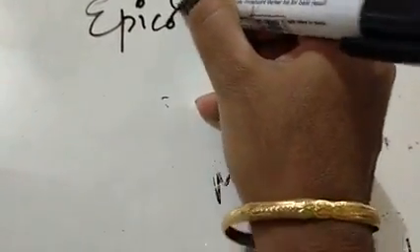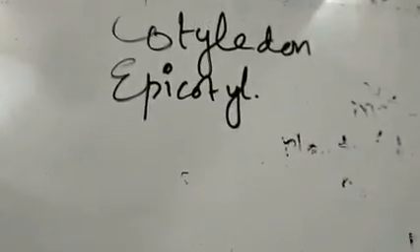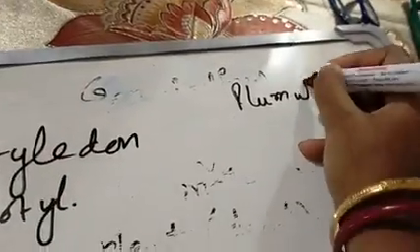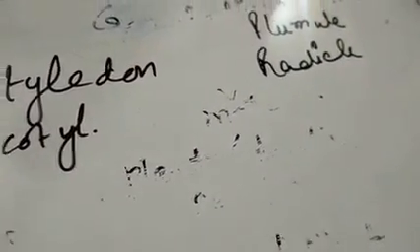Then is the epicotyl. Before dealing with the epicotyl, let's talk about two more parts, that is plumule and radicle. The plumule grows up to form the shoot and the radicle grows up to form the root.